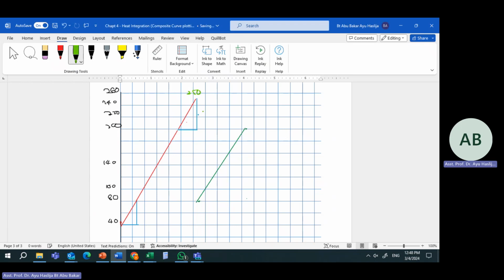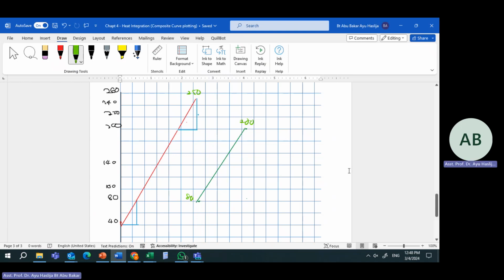Here is 250. This one, 80, here, 200. Now, these are the plotted two streams, the two hot streams.